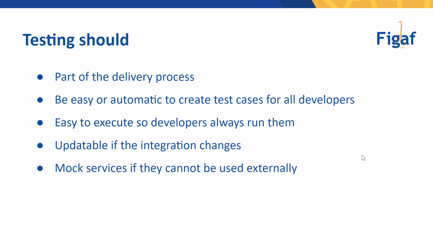It would obviously not cover everything that you have, but it should give you a good understanding of what's going on in the iFlow and if it is performing as expected. And then in CPI you should also be able to mock different services, because otherwise it becomes really difficult to do testing if you cannot mock an endpoint, because then you would need to figure out how to handle that specific case.